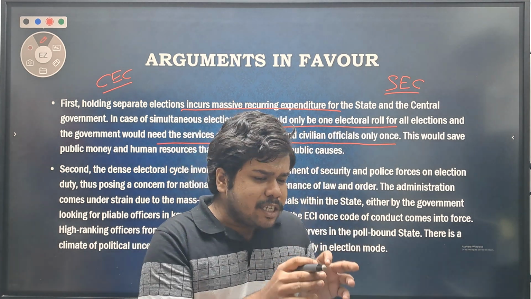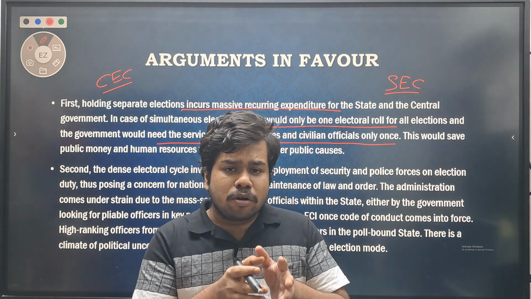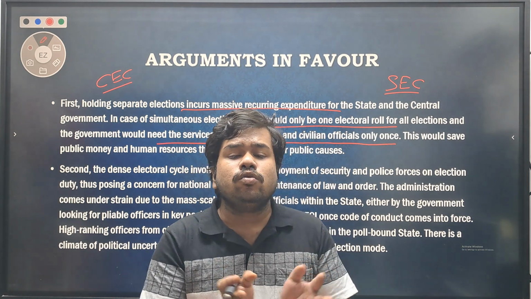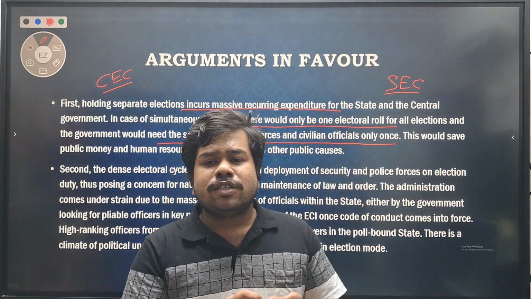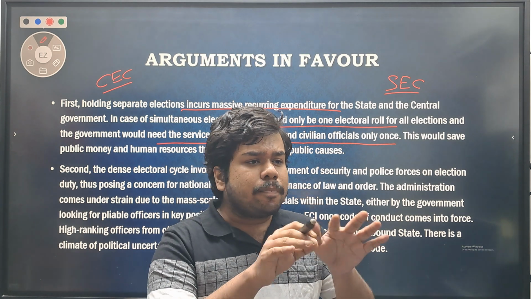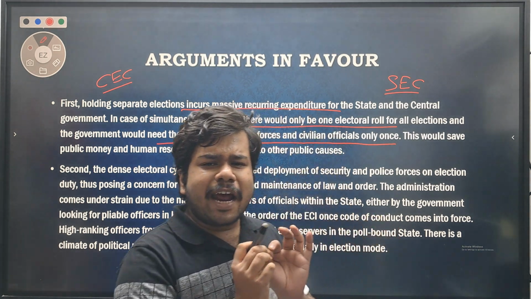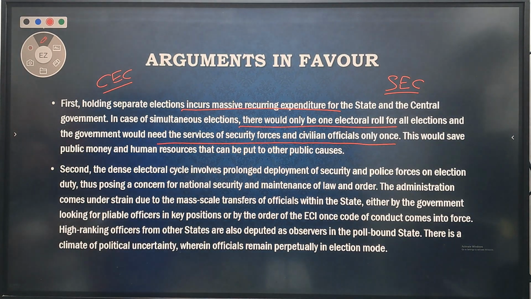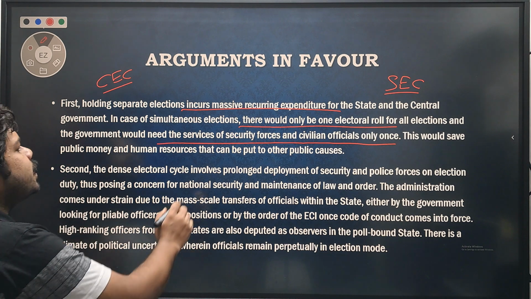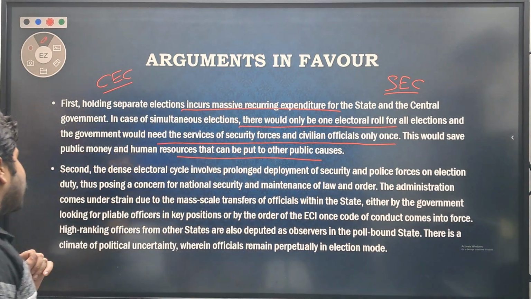Due to this process, the normal education process in the schools also gets hampered. Security forces also have to be there for the protection of the polling booths. So that is an administrative problem for the government. This would save public money and human resources that can be put to other public causes. Okay, so this is the first argument.